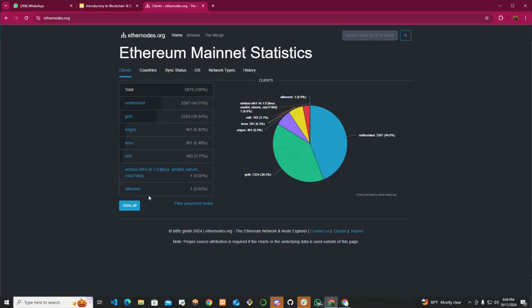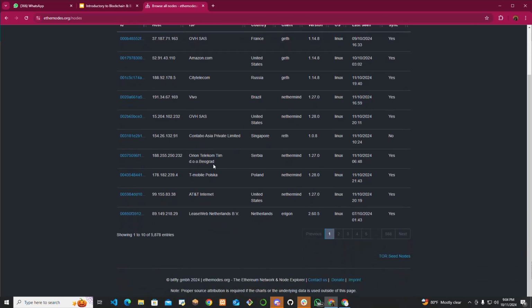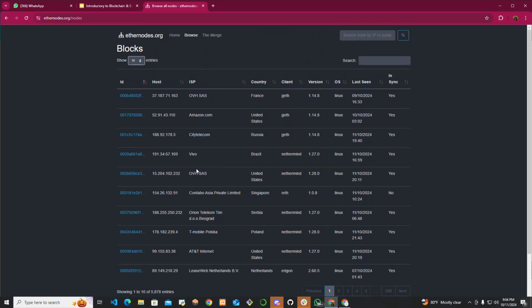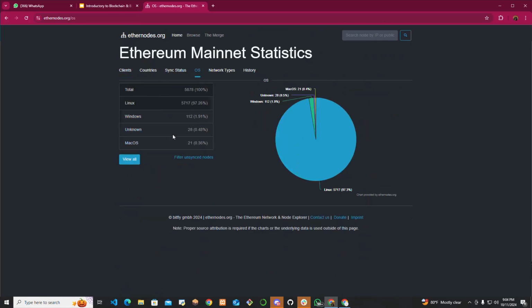You can view more, see their IPs and the ISPs, internet service providers, backing them. Then we can also check the operating system that each node uses. The most popular ones are Linux, Windows, Unknown, and macOS. Right, so you can check it out. I'll add Ether nodes to the description so you can look at it.